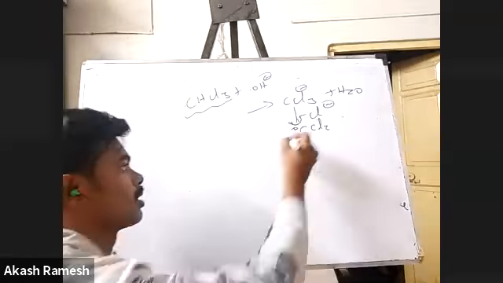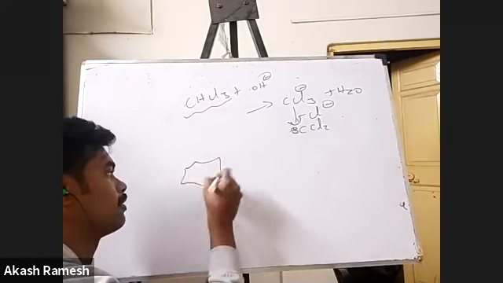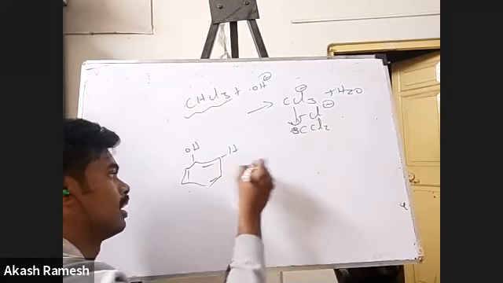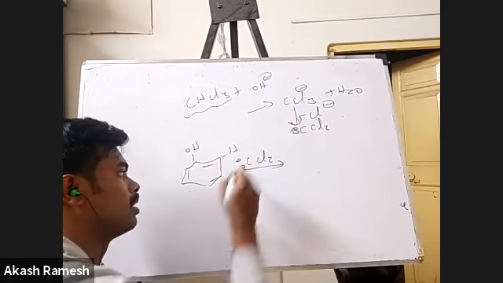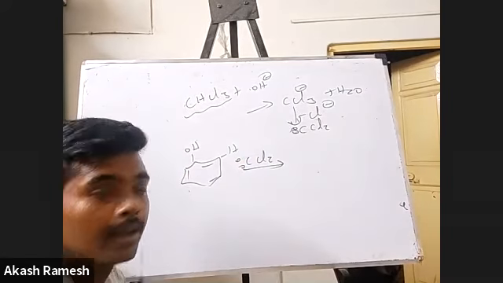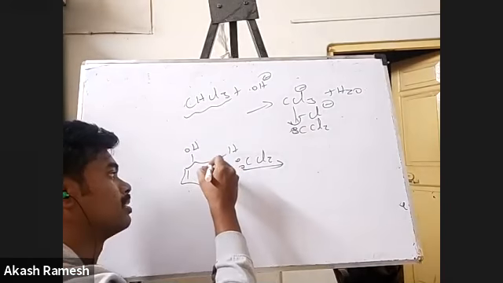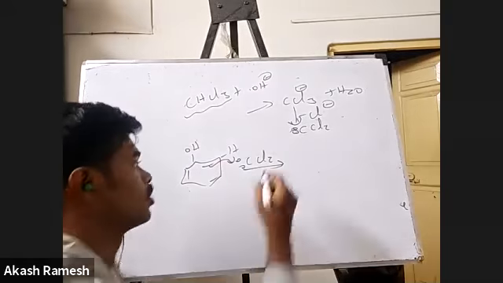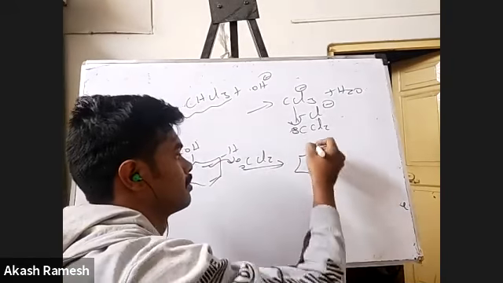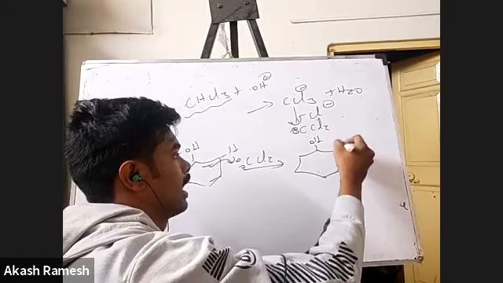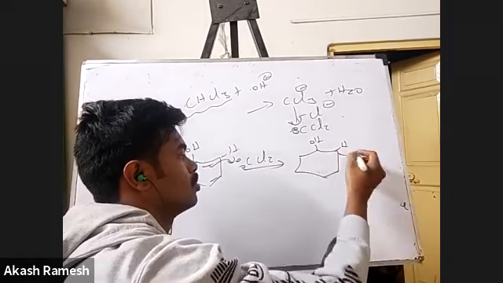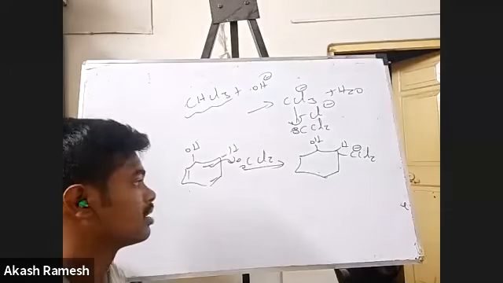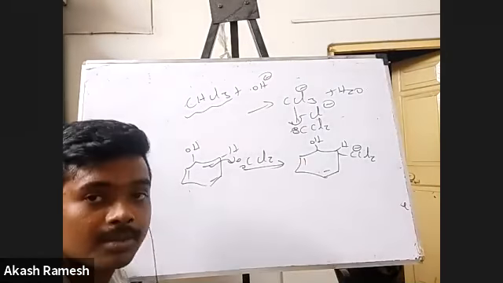Now I'll have my phenol, and this dichlorocarbene comes. What is going to happen is this double bond attacks here. Now you will see OH, H, CCl2 minus, and the other thing stays.